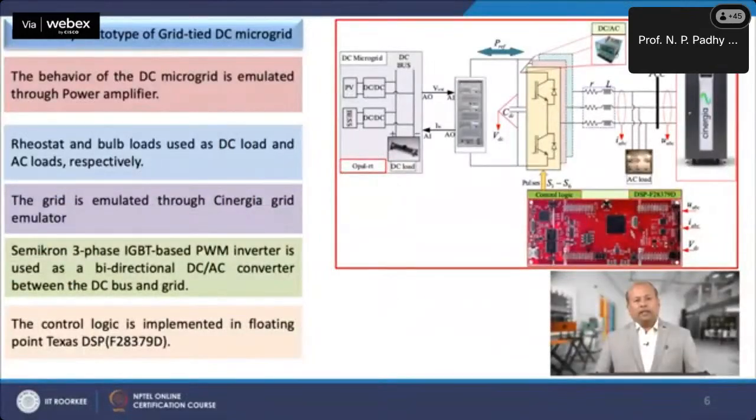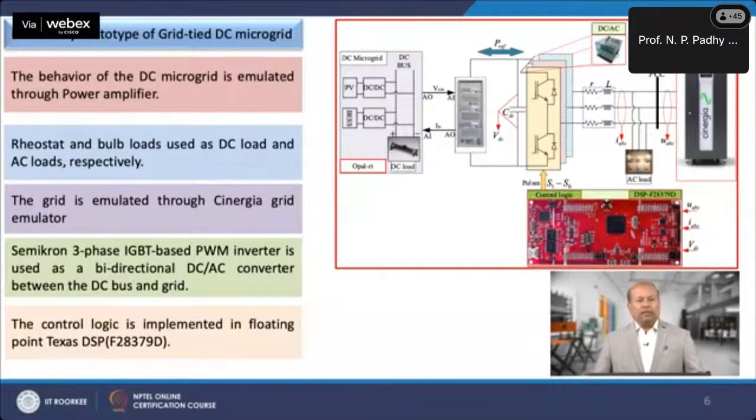The slide shows the block diagram of the hardware test bed, and in this hardware test bed, the DC microgrid behavior is emulated through a power amplifier by configuring it with Opal RT. In the Opal RT, the DC microgrid is simulated, which contains PV, battery and variable DC load. The scaled down DC bus voltage is given to the analog input of the power amplifier.